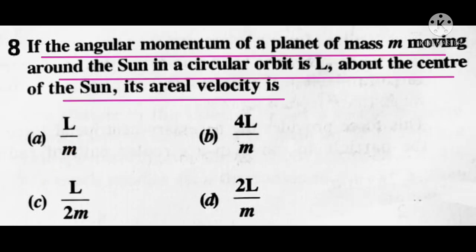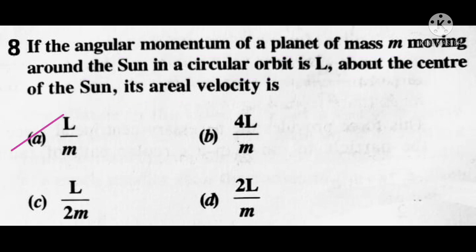Question number 8. If the angular momentum of a planet of mass m moving around the sun in a circular orbit is L, about the center of the sun, its areal velocity is: A option L over m, B option 4L over m, C option L over 2m, D option 2L over m.